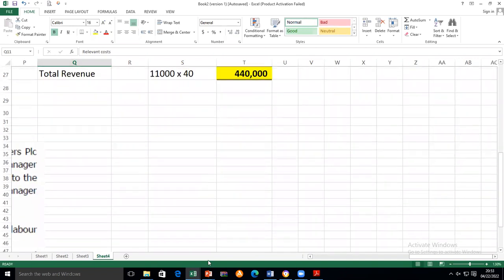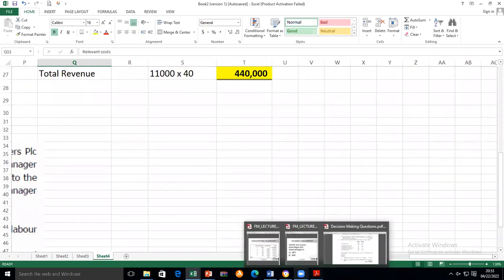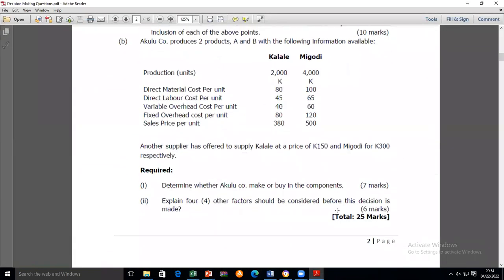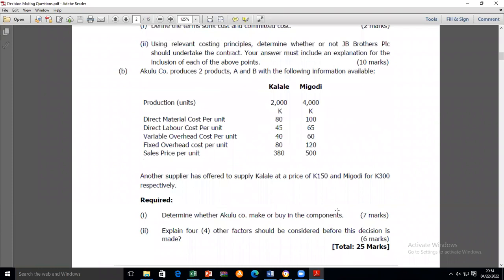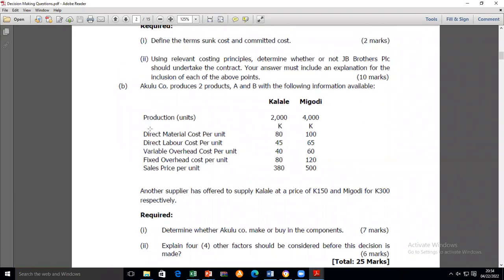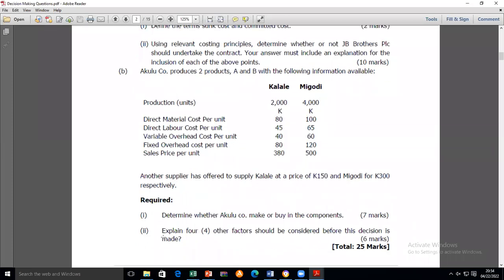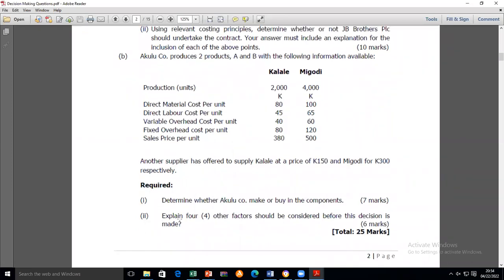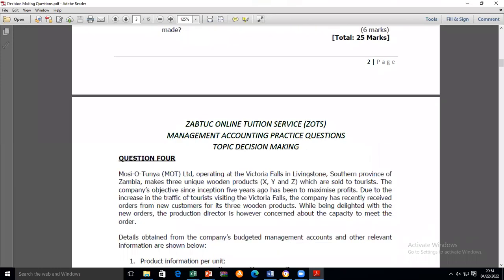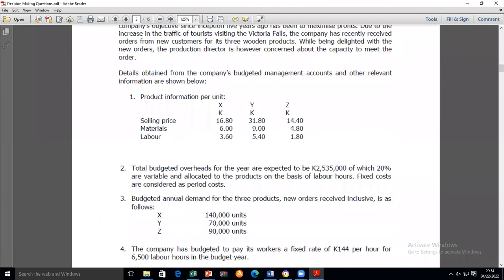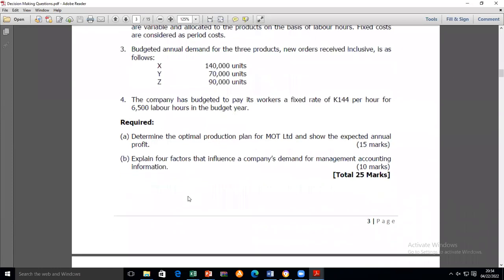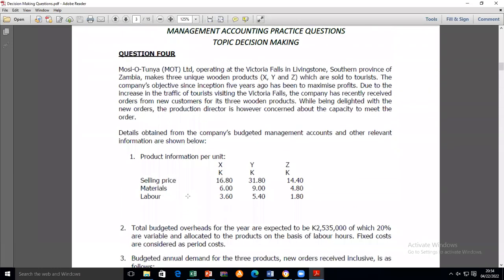Okay, people. Before class tomorrow, I want all of you to attempt this question, B1 and B2. After you finish attempting that question, please go through this question as well.